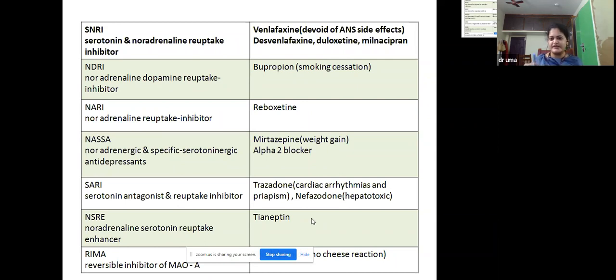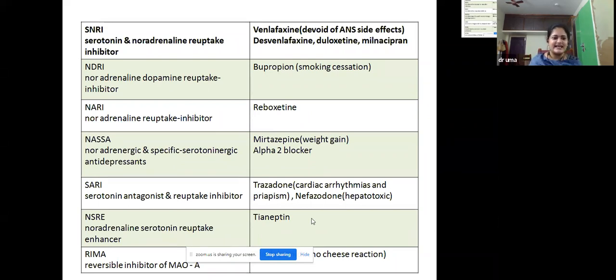It is a drug used in smoking cessation also. And NRI, noradrenaline reuptake inhibitor, only noradrenaline, so reboxetine. NASA, that is noradrenergic specific serotonergic antidepressant. It is mirtazapine. It causes weight gain. It also produces alpha-2 blockade.